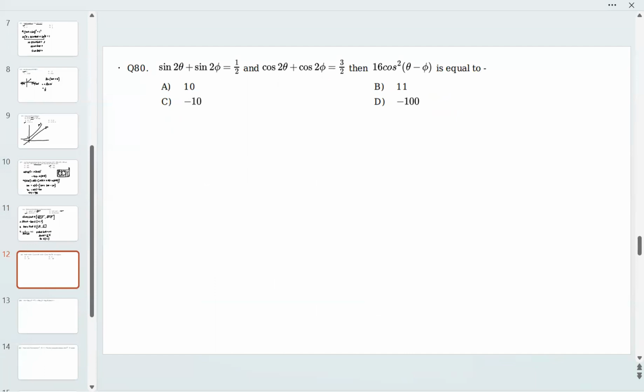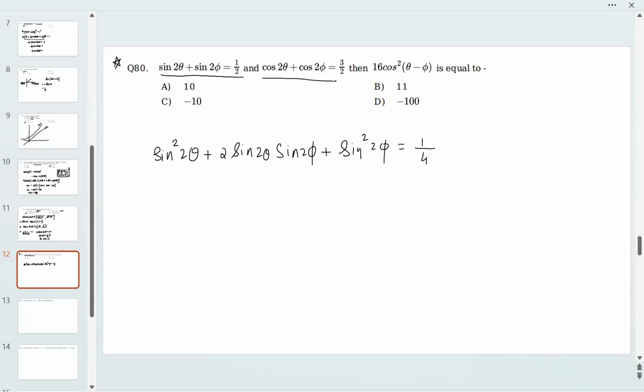Let's look at an important question. Whenever we get such arguments, please note sine 2 theta plus sine 2 phi, cos 2 theta plus cos 2 phi, such arguments are solved basically by squaring and adding. If I square this equation, I will get sine square 2 theta plus 2 sine 2 theta sine 2 phi plus sine square 2 phi, and on the right hand side, I will get 1 by 4.